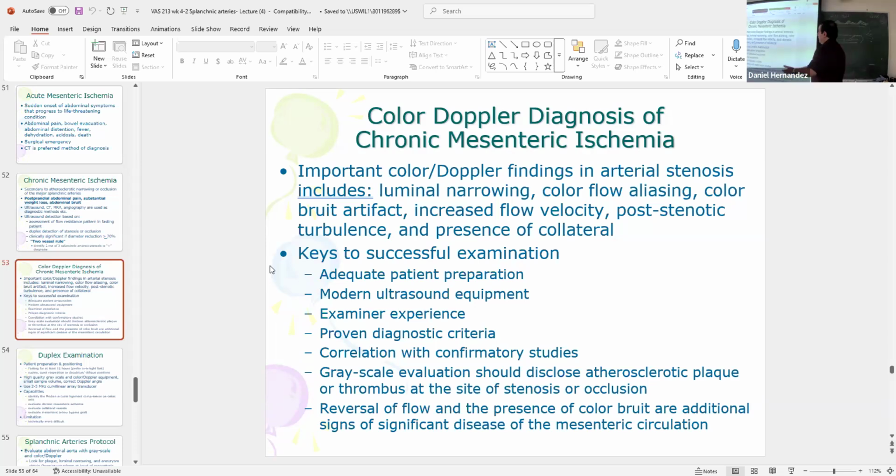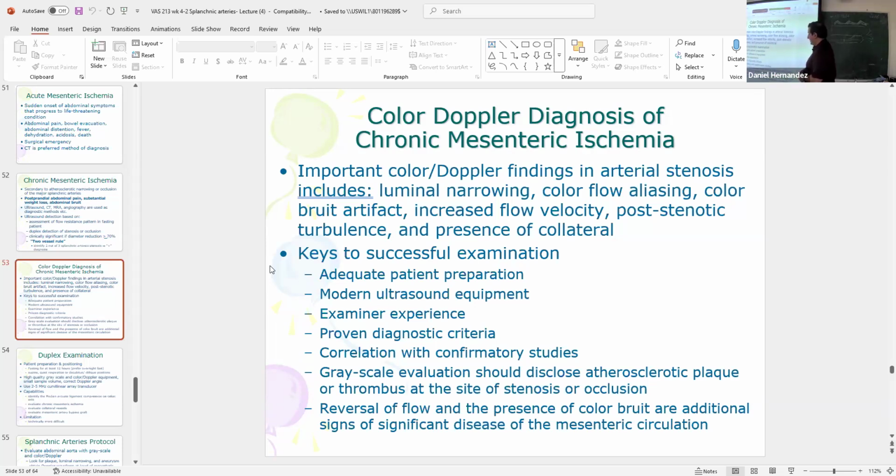So again, utilize your color, look for aliasing, luminal narrowing, turbulent flow. With Doppler, make sure you have proper Doppler angles. Look for increased flow velocities, post-stenotic turbulence. Keys to a successful examination are adequate patient preparation, and having good ultrasound equipment, so this isn't something you want to tackle with a little portable machine. You need some experience to locate and find the vessels and know your diagnostic criteria.